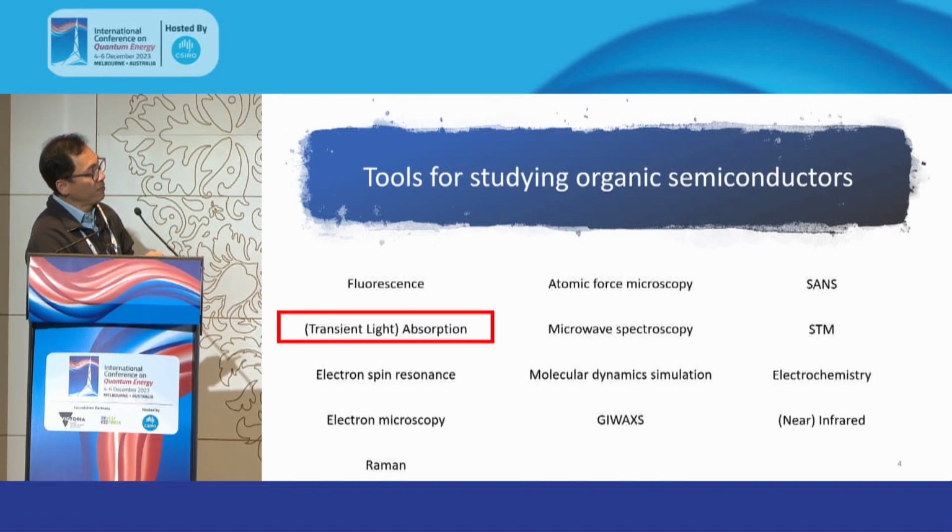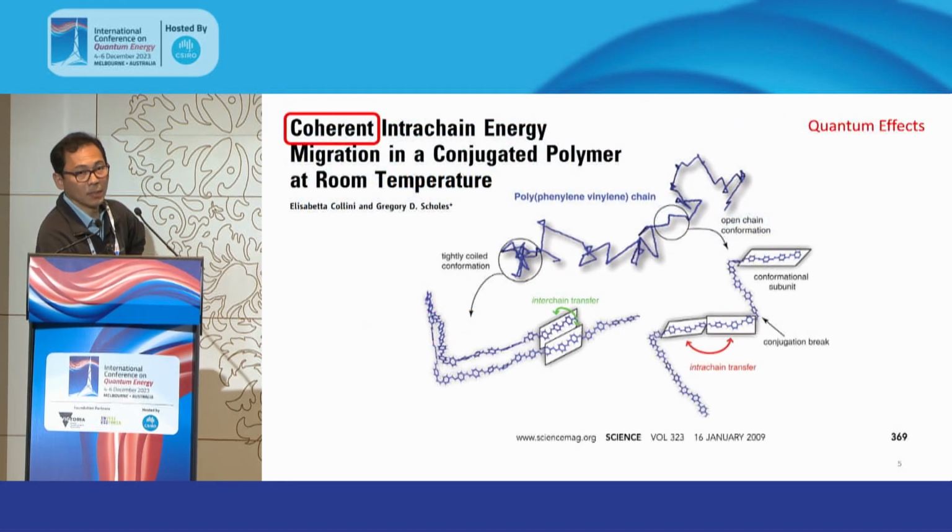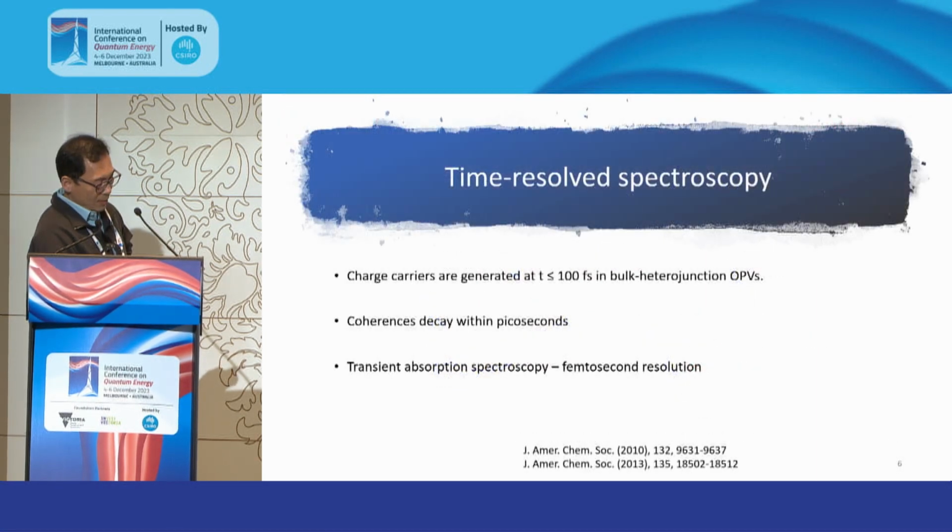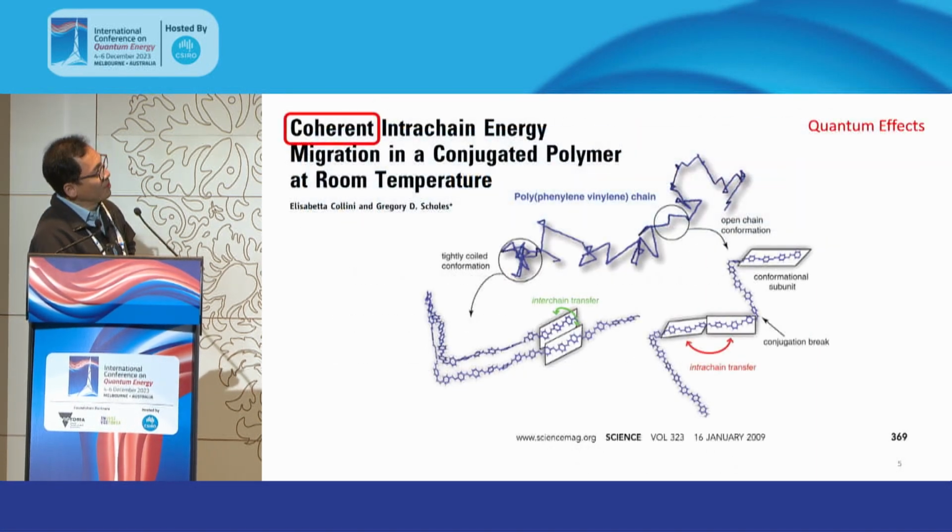Rowan gave a very good talk on the use of transient absorption spectroscopy. The reason that transient absorption spectroscopy is quite widely used today can probably be traced back to one of the seminal papers in the field, published back in 2009 by Greg Scholes, a native of Melbourne.